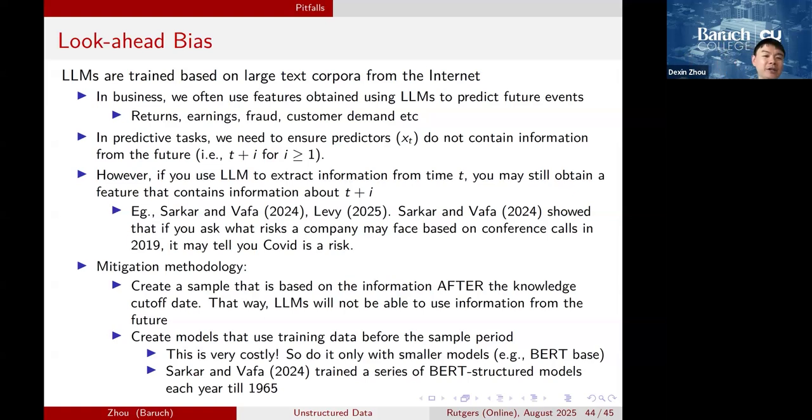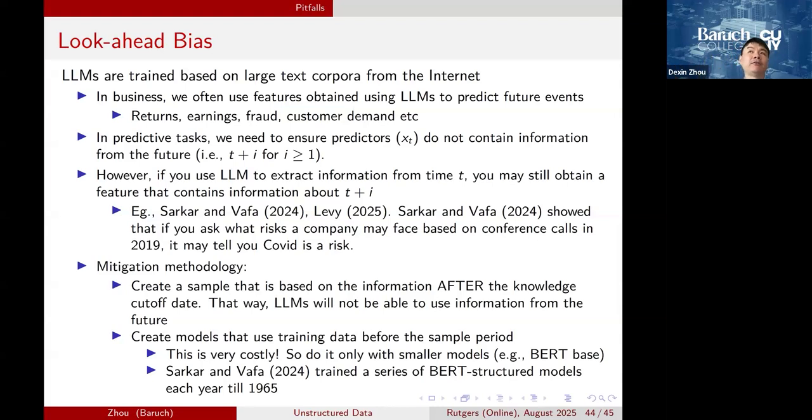So how do we address look ahead bias? One thing you could do is reserve a subsample which is out of the knowledge cutoff date of the model, right? On the website, you can always find the knowledge cutoff date of each of the models. So you reserve a small sample outside of the knowledge cutoff date, and hopefully the model still performs in that subsample. The other thing you could do is have time-stamped models.